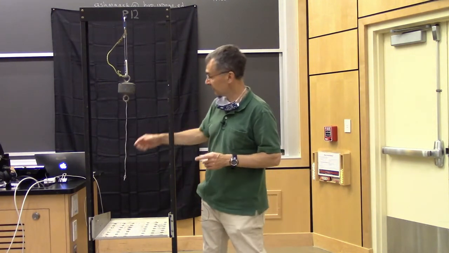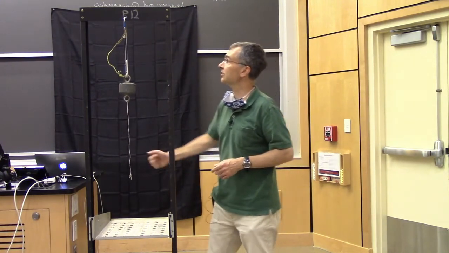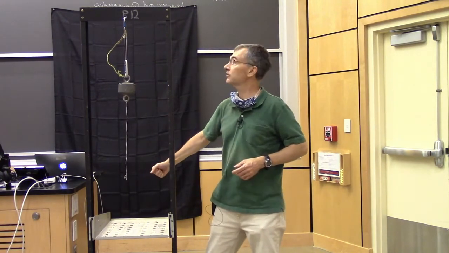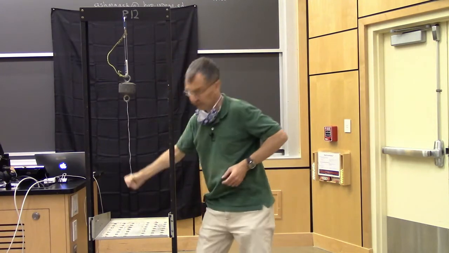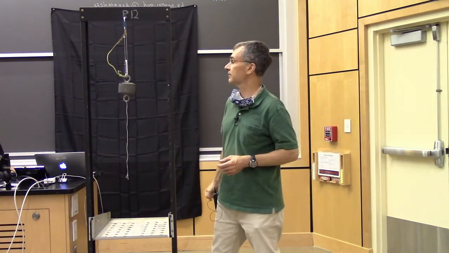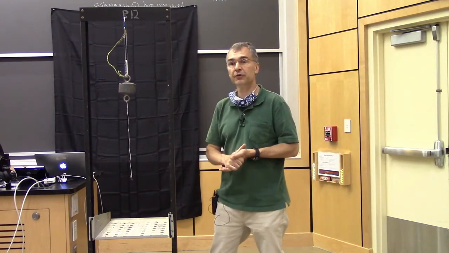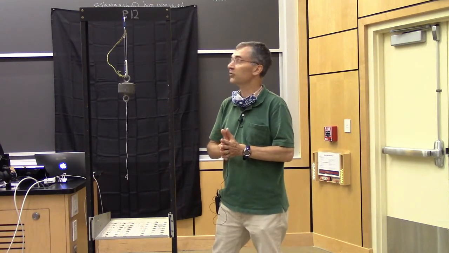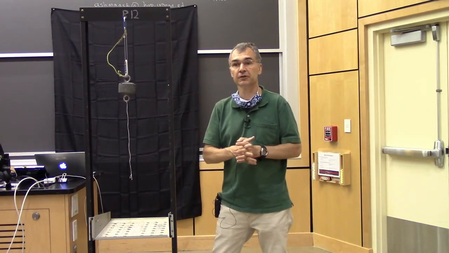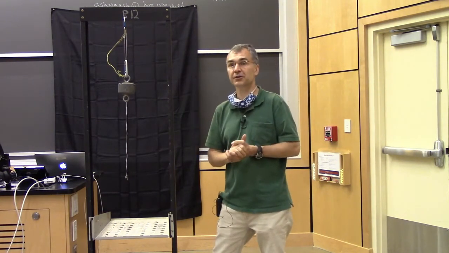One condition is I pull gently on the string, and the other condition is I pull really quickly, very hard, as hard as I can on the bottom string. The question is, which one will break first, and will the answer depend on whether I pull gently or really pull hard? So you can sit and ponder it.